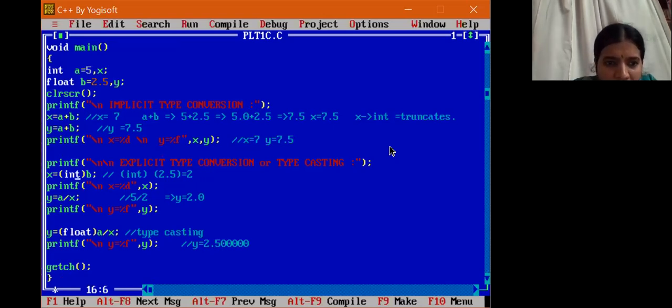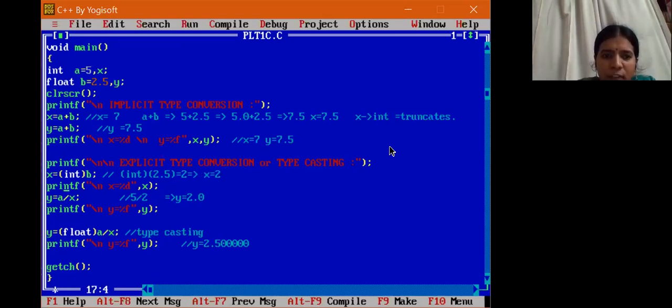So I want to convert b, what's the value of b, 2.5, temporarily to integer. What happens when 2.5 is forced to convert to integer? You're forcing it, so this might cause data loss. Therefore, x temporarily becomes 2. So when I do this, the value of x will be 2.